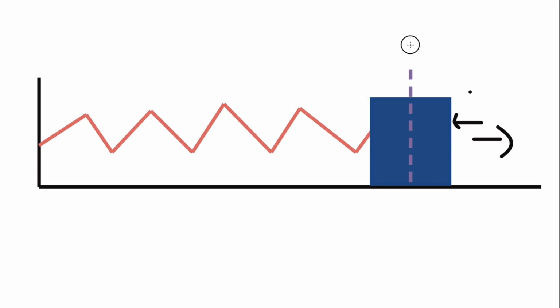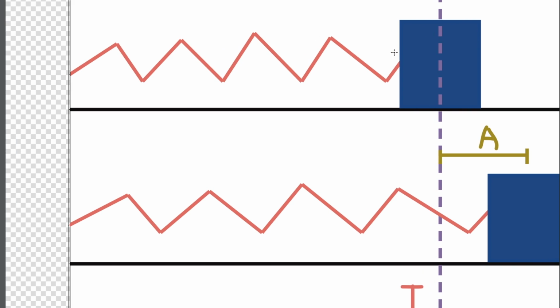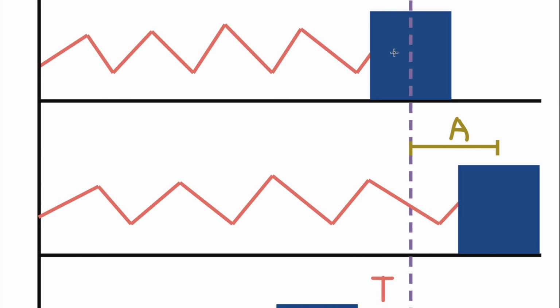That's called the equilibrium point. So the amplitude is defined to be the distance between the center of the cube and the equilibrium point, which is right there. Okay, so that's what the amplitude is.